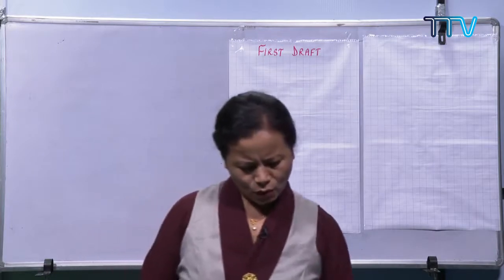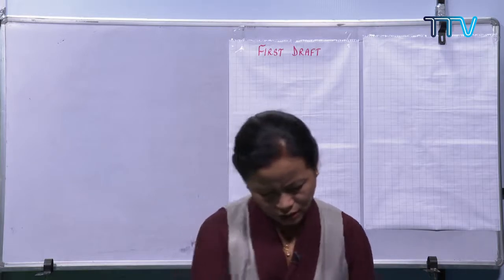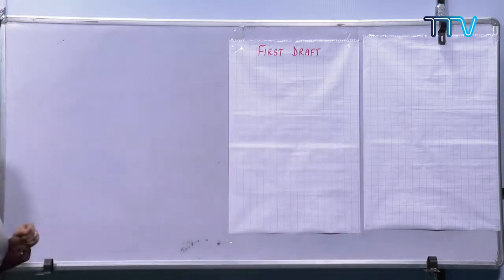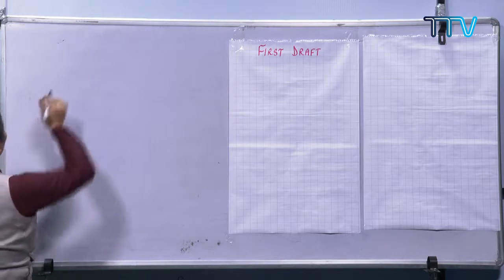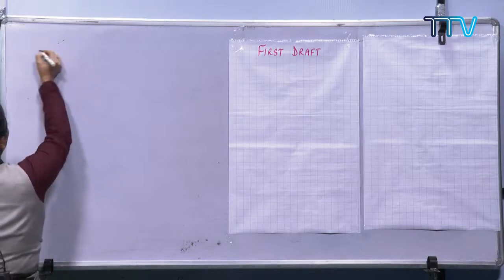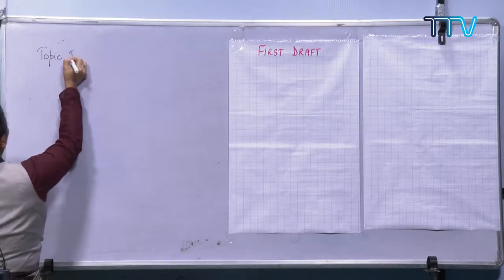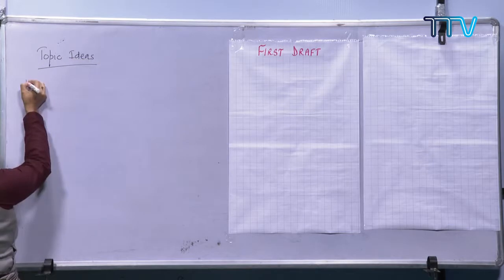So, what should I write? Okay, about topics. Now, what we need to do is, now we need to think. Okay, what should I write about? Shall I write about? Okay, I'm just thinking about topic. Okay, topic ideas. Okay, what am I going to write on?